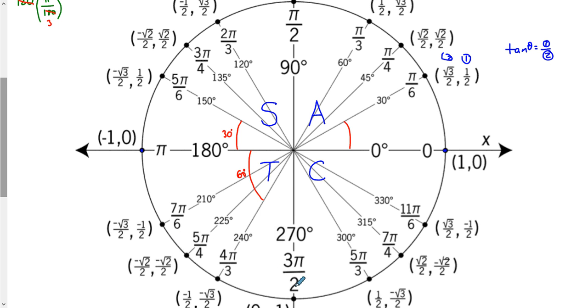So if you start looking at a lot of the connections between each and every single one of these smaller fractions to these bigger exact values for our unit circle, and using that hand rule, these fractions actually get a lot easier. And we are going to practice these ones quite a bit.